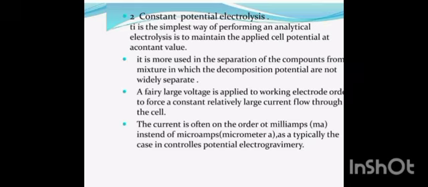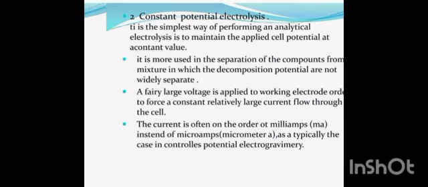Constant potential electrolysis: the simplest way to perform an analytical electrolysis is to maintain the applied cell potential at a constant value. It is more used in the separation of compounds from a mixture in which the decomposition potentials are not widely separated.